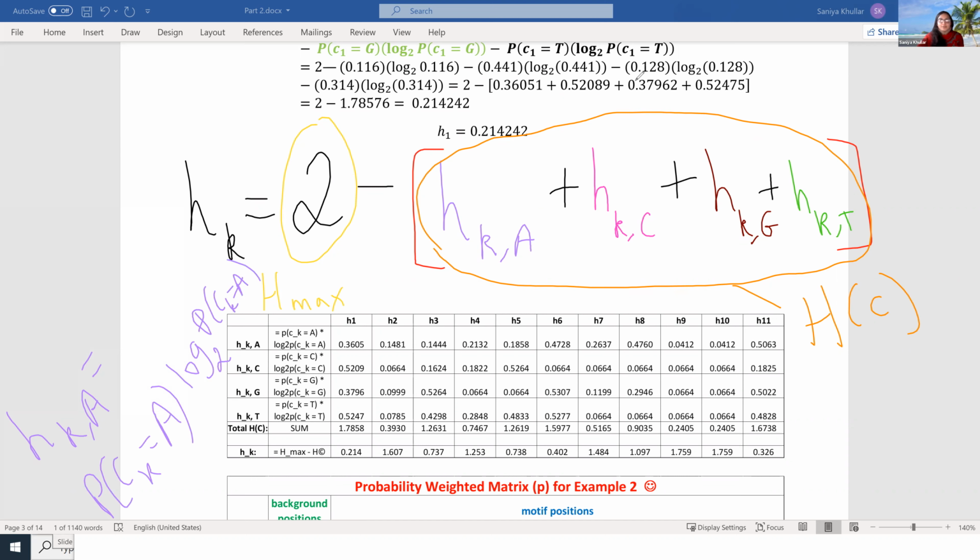So that's the formula to use, where this part right here is just this formula over here.